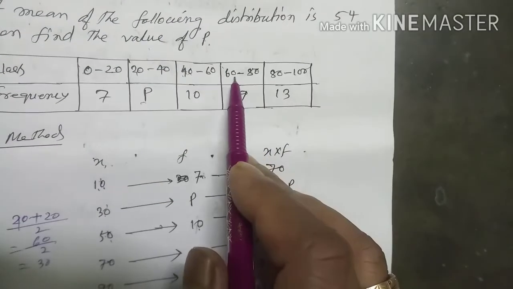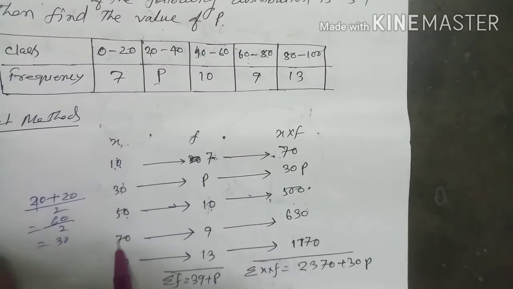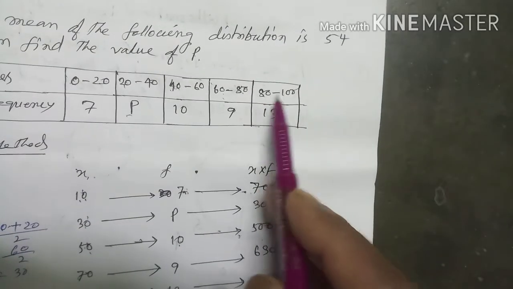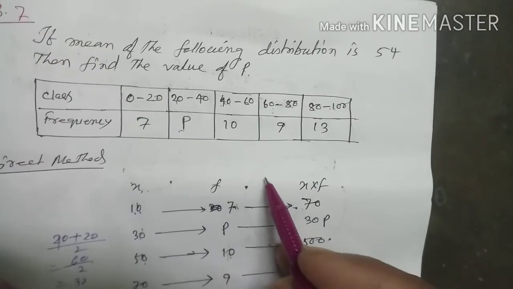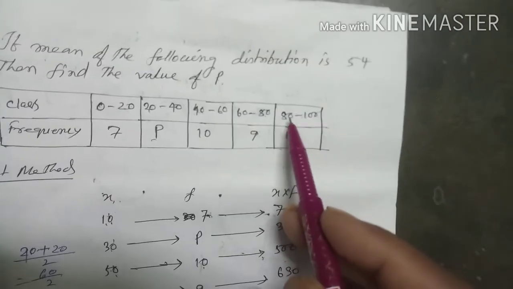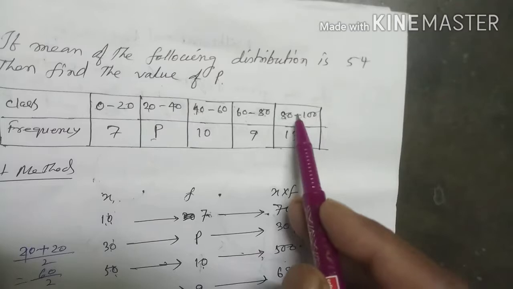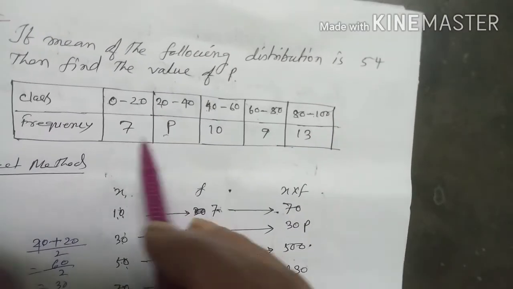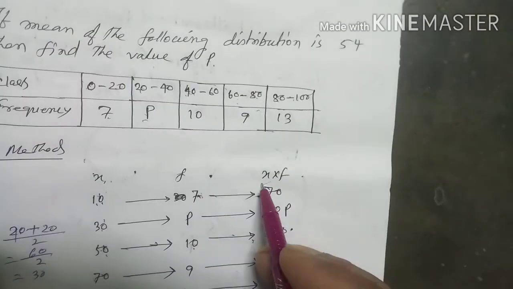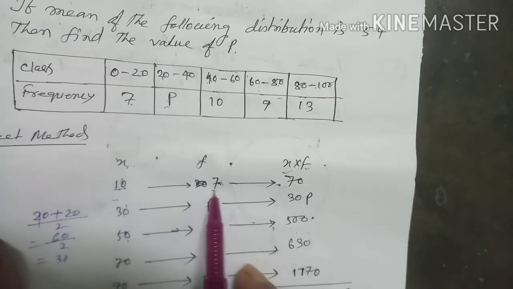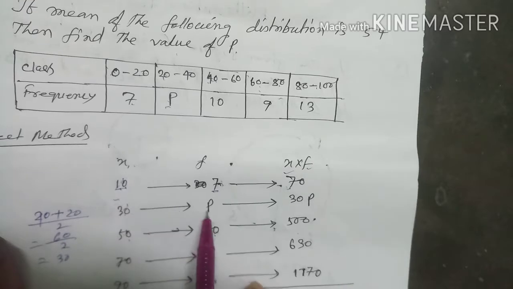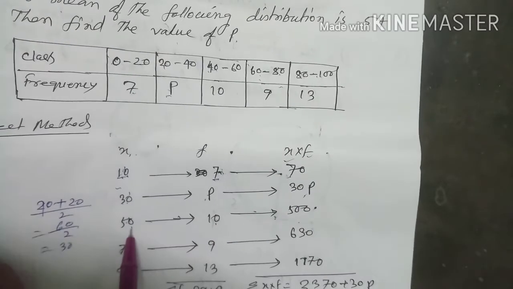60 to 80, the mid value will be 70. 80 to 100, the mid value will be 90. How can we find the mid value? We can find the mid value by adding both limits and dividing by 2. This is the frequency given, x into f.